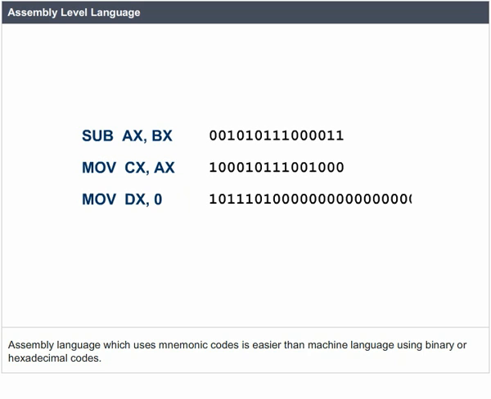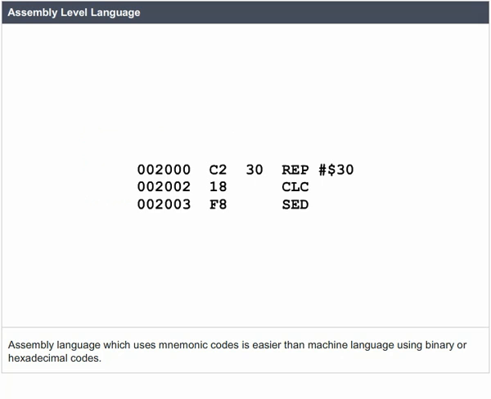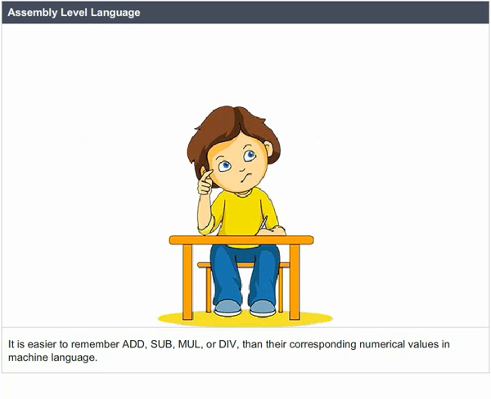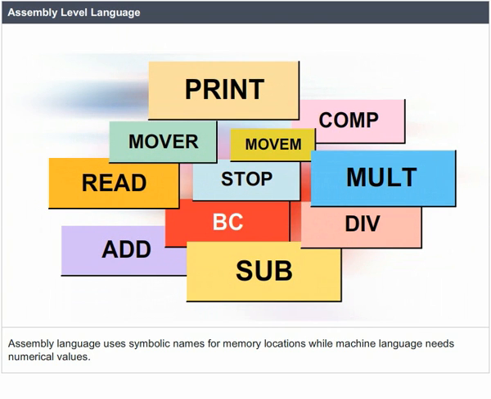Assembly language, which uses mnemonic codes, is easier than machine language using binary or hexadecimal codes. It is easier to remember ADD, SUB, MUL or DIV than their corresponding numerical values in machine language. Assembly language uses symbolic names for memory locations while machine language needs numerical values.